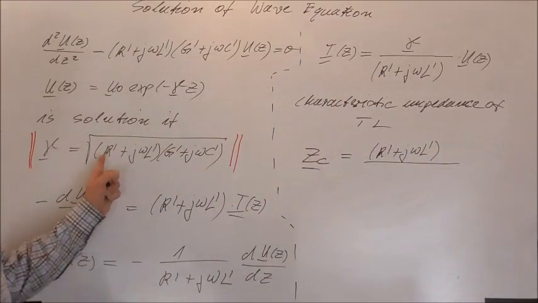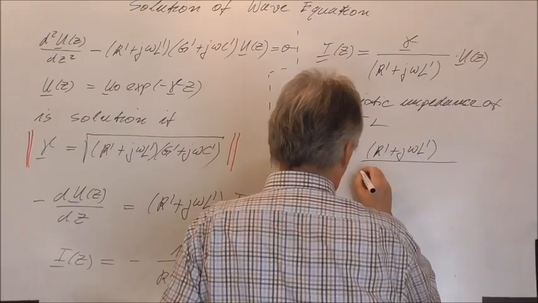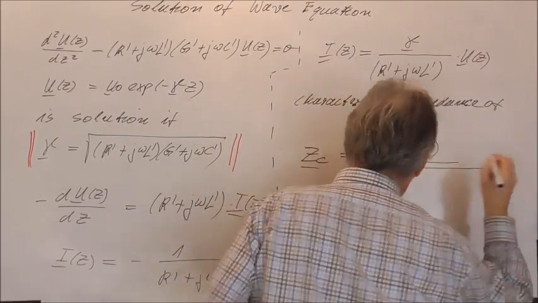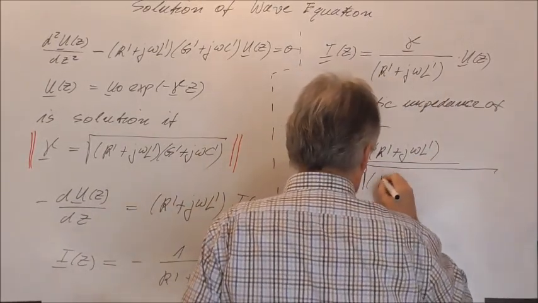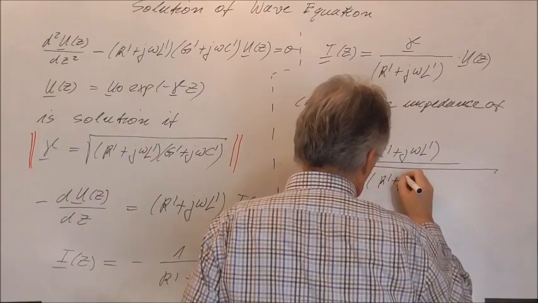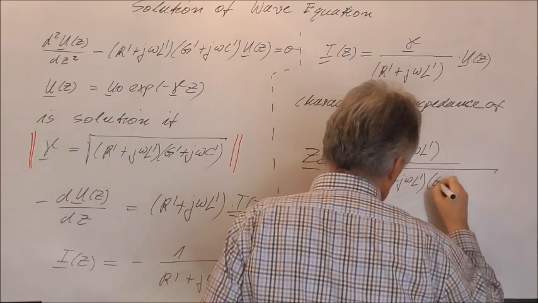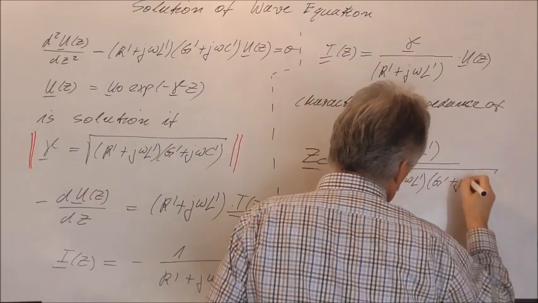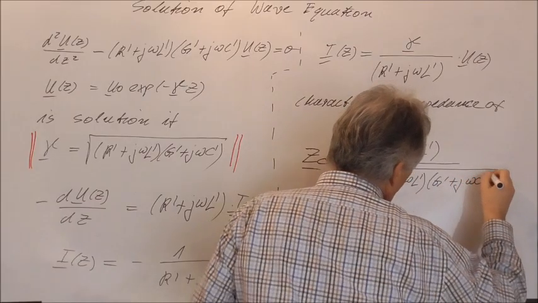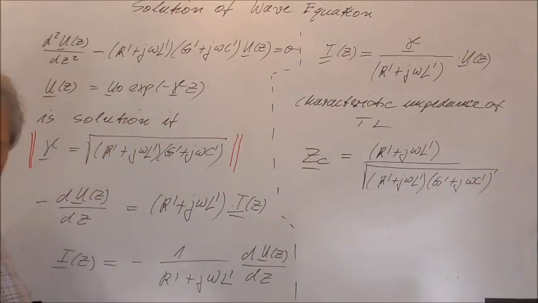And we know that gamma is given by the square root of (R' + jωL')(G' + jωC').